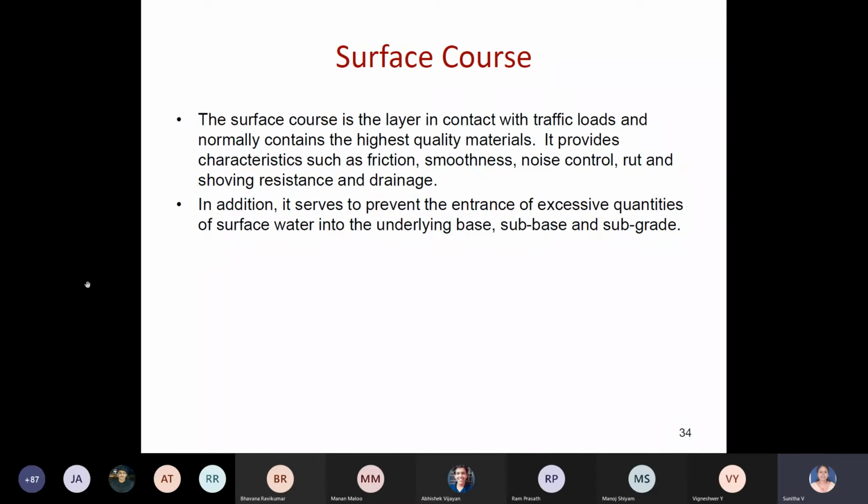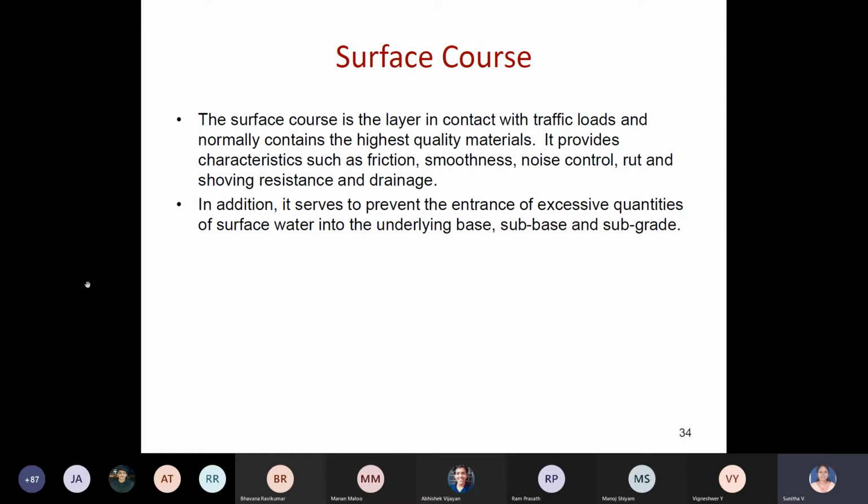Then shoving means some material has moved from its place. You can feel a wavy nature in the pavement. That's called shoving distress. So you should have your surface course in such a way that it does not have rut or shoving. It should be rut and shoving resistant, and it should be easy for drainage purposes also.